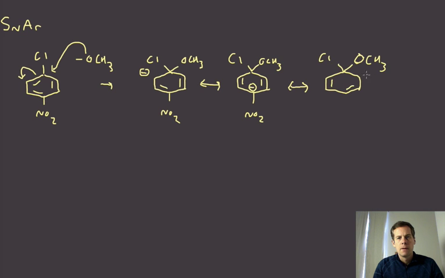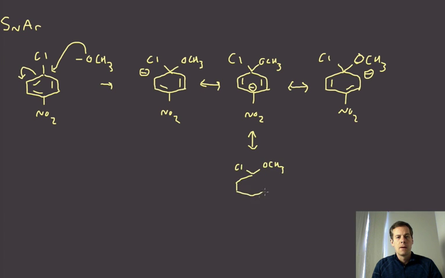So there it is. Those are the three resonance forms that we would expect for the aromatic ring, but it's this one that's especially key because we put the anionic charge right next to the nitro group. You might recall that the nitro group is a resonance withdrawing group, so we're able to draw resonance forms where we put electron density onto the nitro. That's a very key resonance form for this SNAr mechanism.